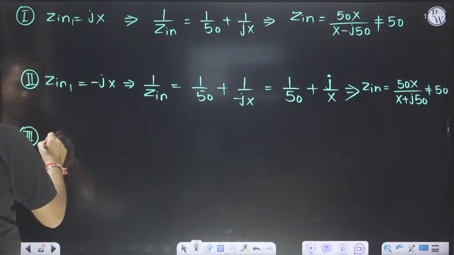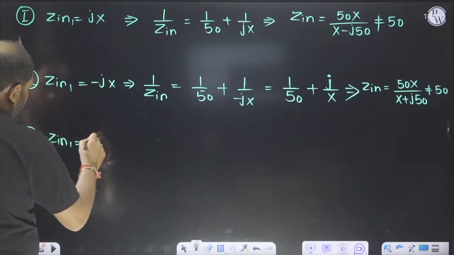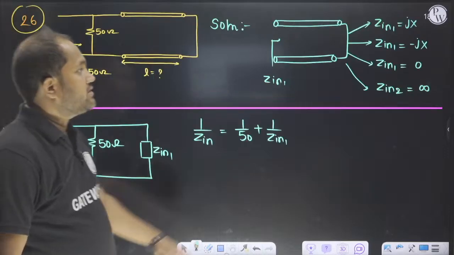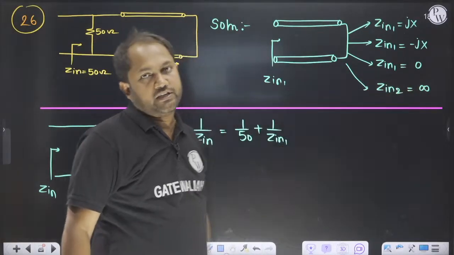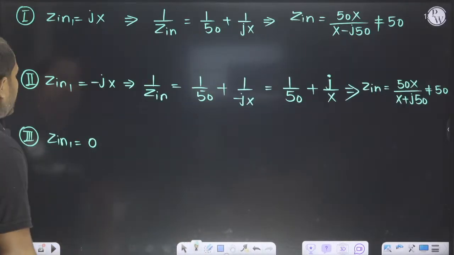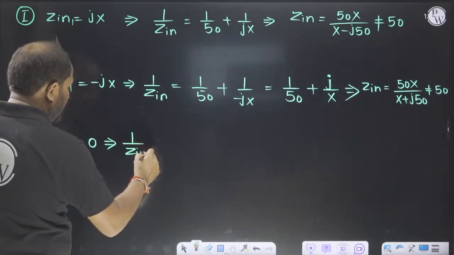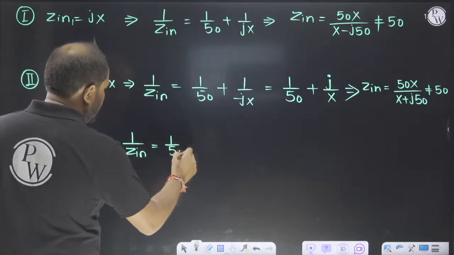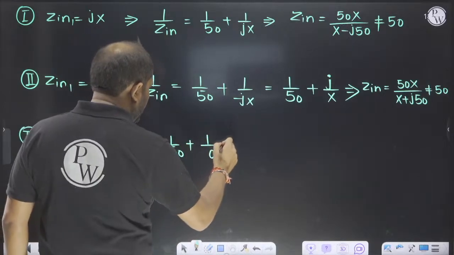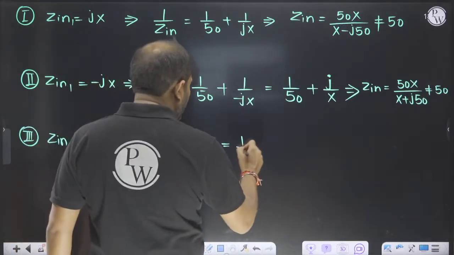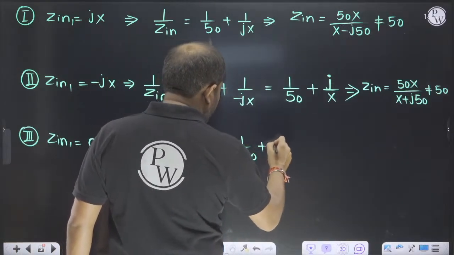Then we have Zin1 is equal to short circuited. For short circuited, what is Zin? 1 by Zin is equal to 1 by 50 plus 1 by 0, and 1 by 0 is infinite.